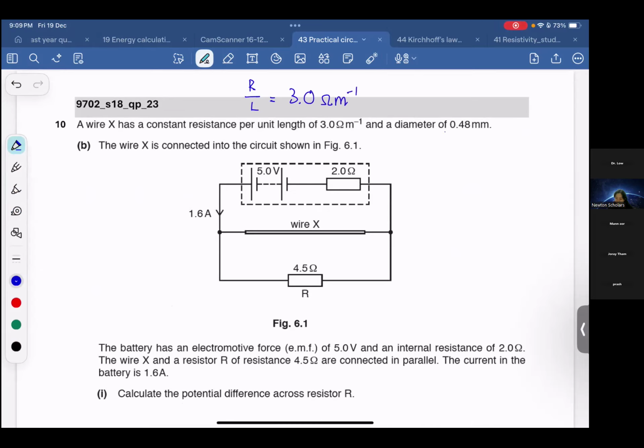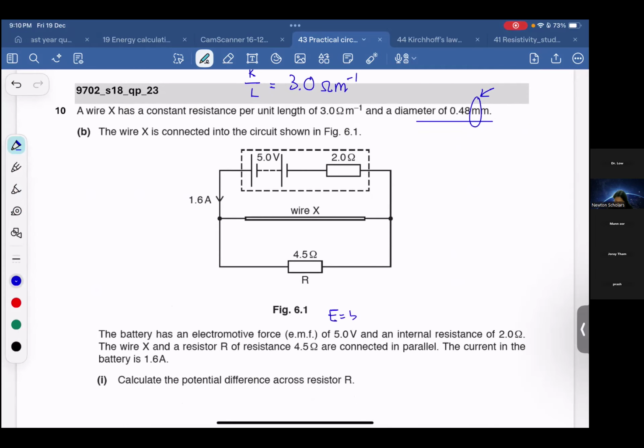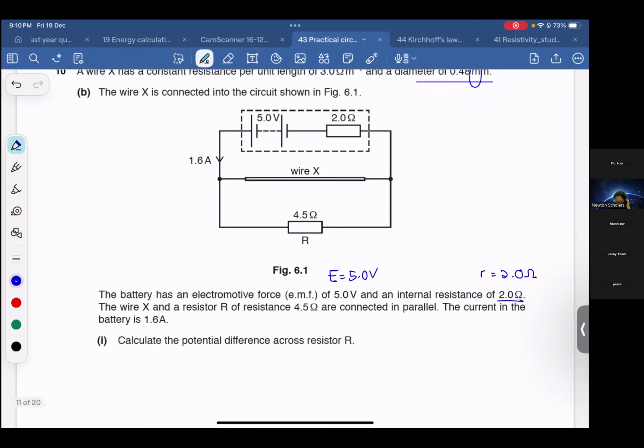Be careful with the prefix for the diameter. The battery has an EMF of 5.0 volt, E equals 5.0 volt, and internal resistance r equals 2.0 ohm. The wire X and a resistor R of 4.5 ohm are connected in parallel. The current in the battery is 1.6. Current in the battery is the total current.